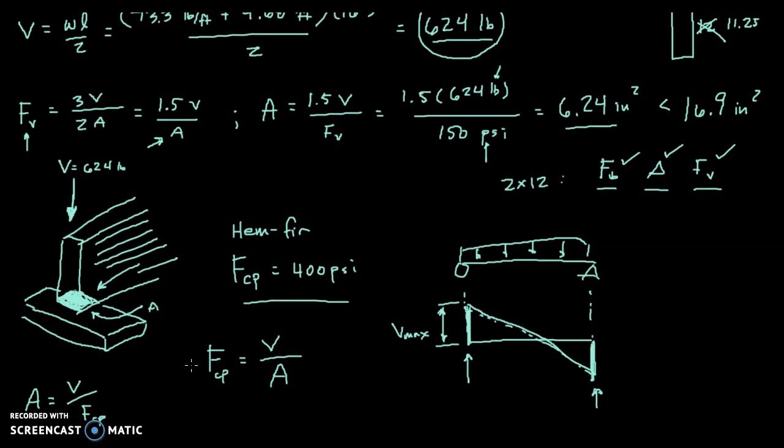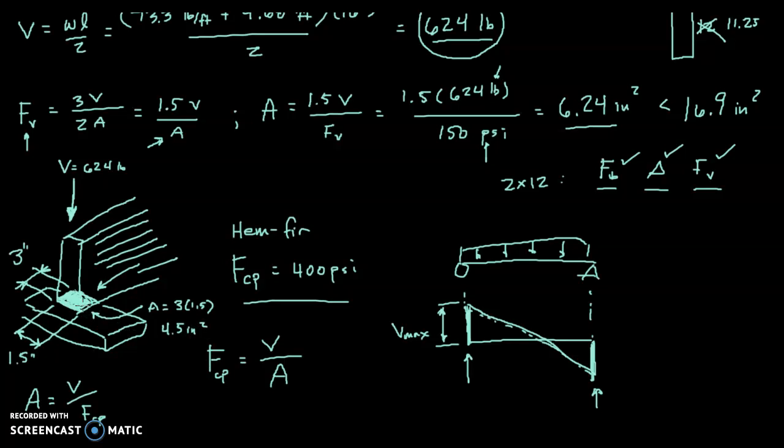So the way the problem is set up in the book, it tells us that the bearing length, so the dimension in this direction for our beam, is 3 inches. We have a 3-inch bearing area. In the other direction, we selected a 2 by 12, which has a width of 1.5 inches. So that means our area is 3 times 1.5, which would be 4.5 square inches.